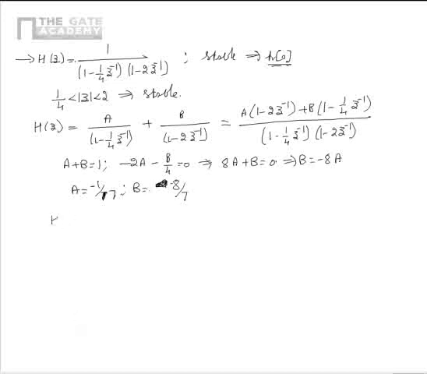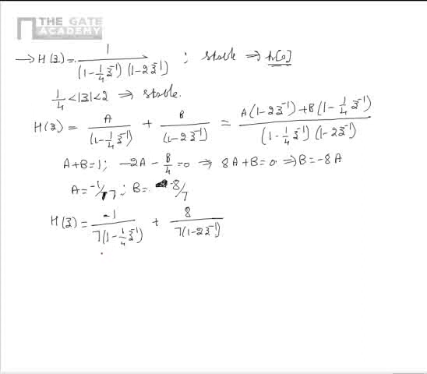So from this we see that the system function H(z) is equal to (-1/7) / (1 - (1/4)z^-1) + (8/7) / (1 - 2z^-1).